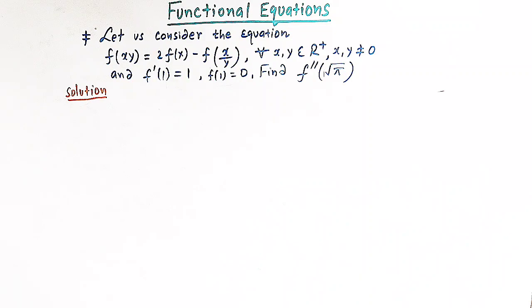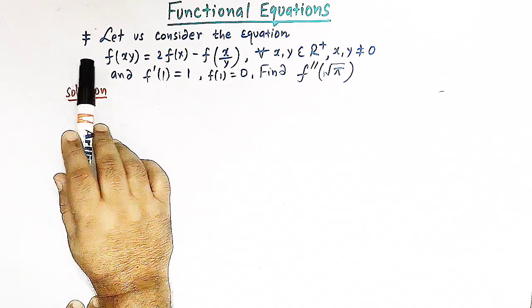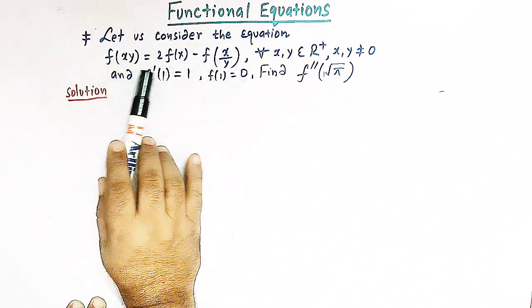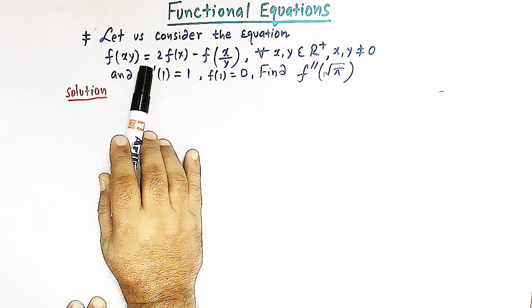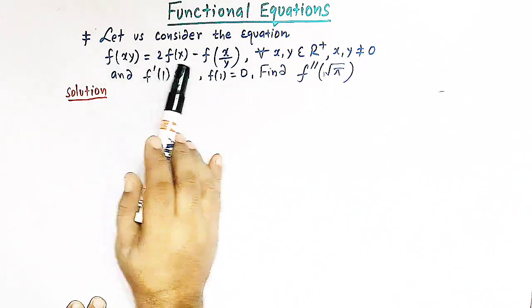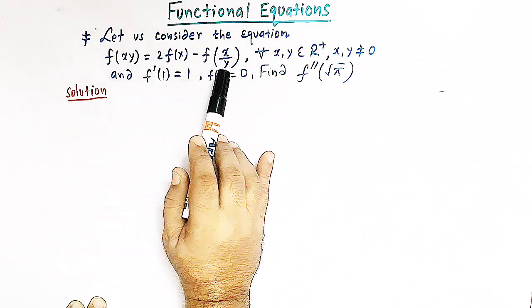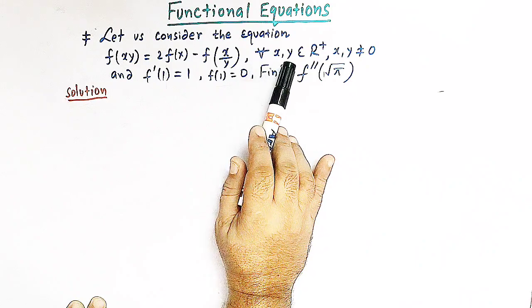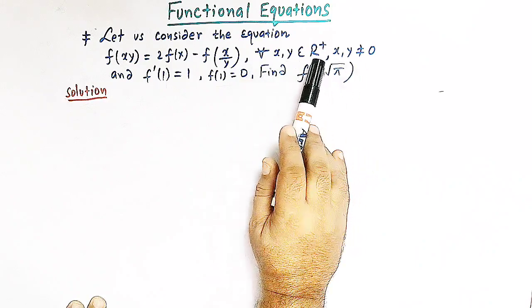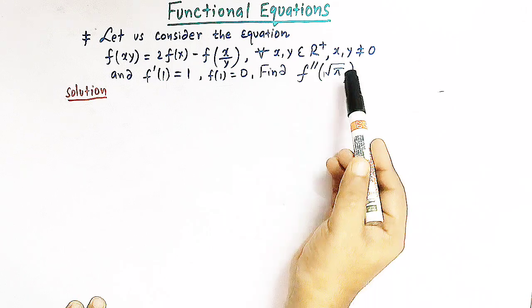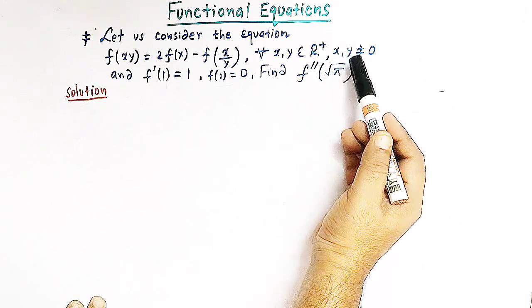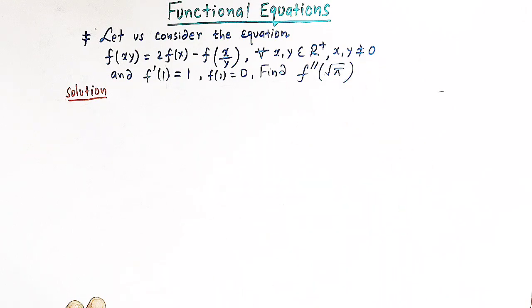Hello viewers, in today's session we are going to discuss another important and conceptual problem from functional equations. Here we are given a functional equation, that is f of xy is equal to 2 times f of x minus f of x over y, for all x and y belonging to the set of positive real numbers, and moreover x and y are not equal to 0.